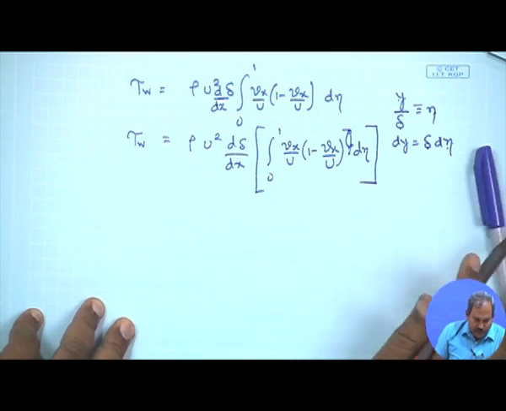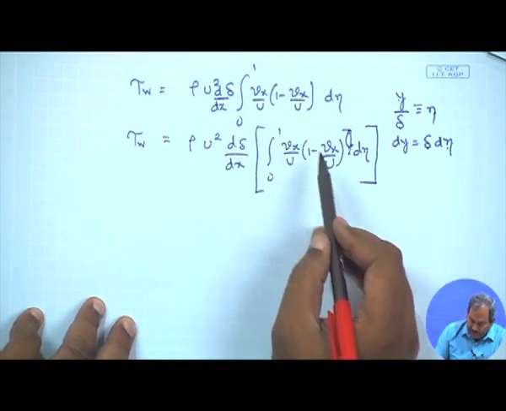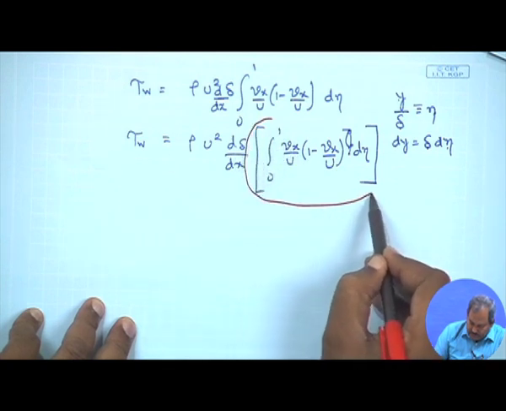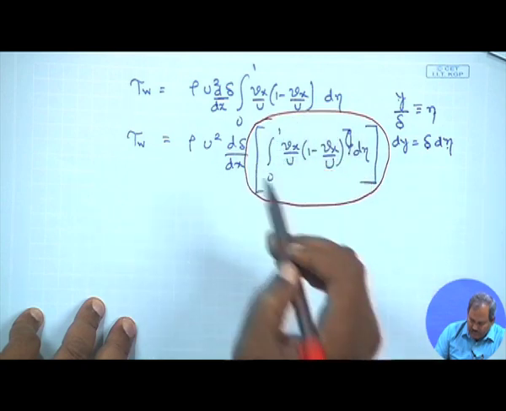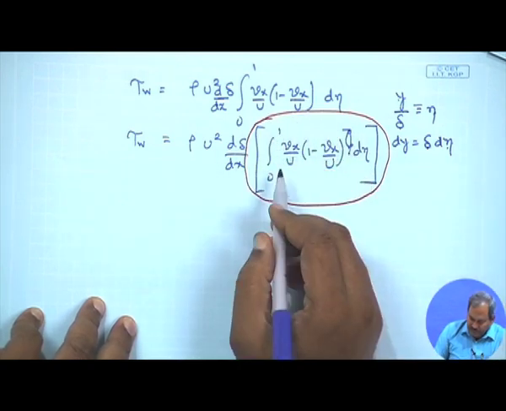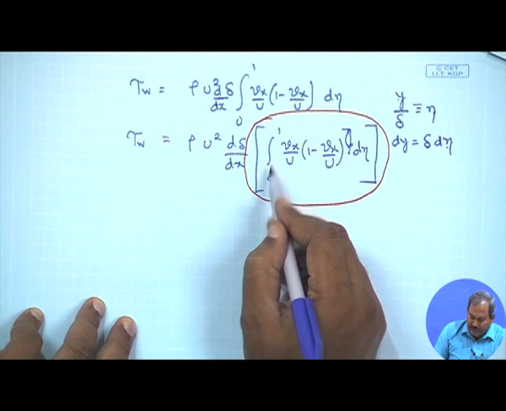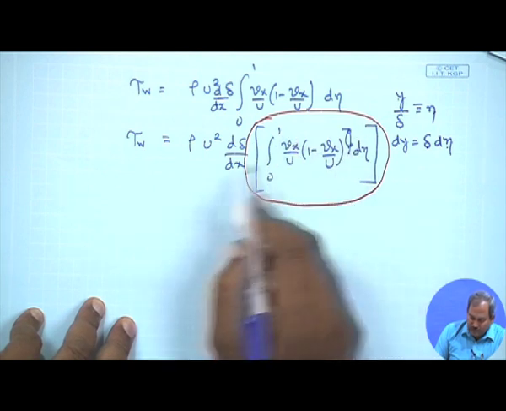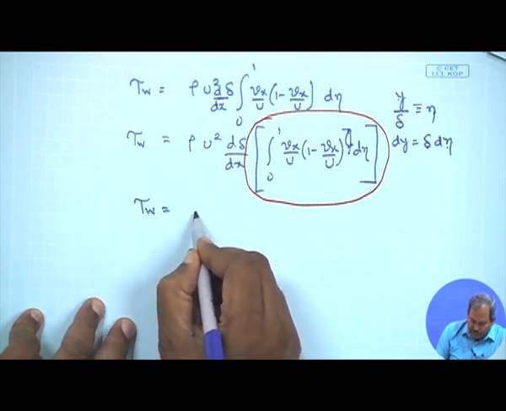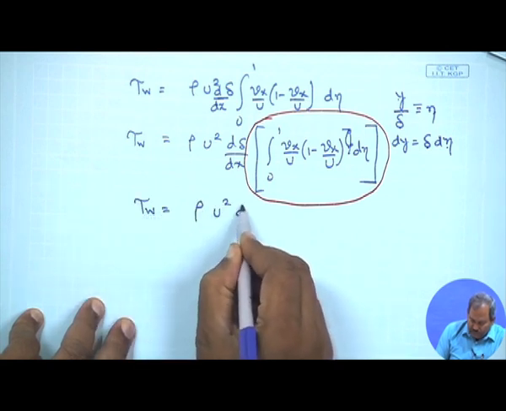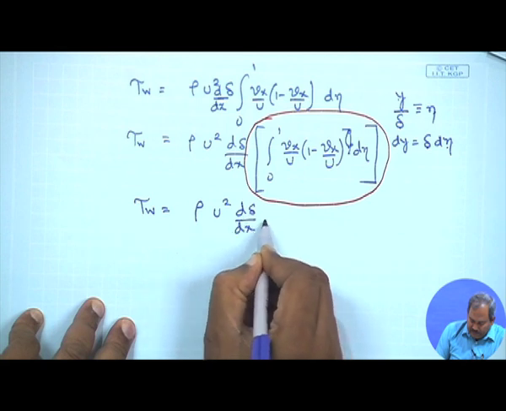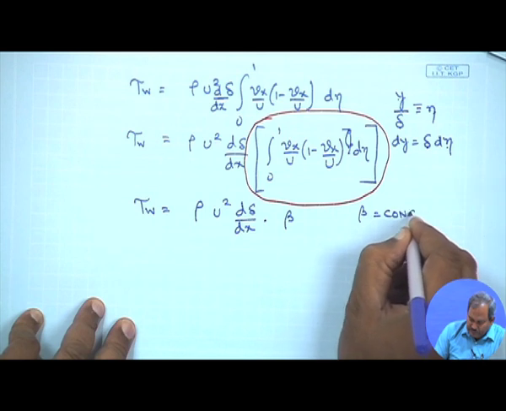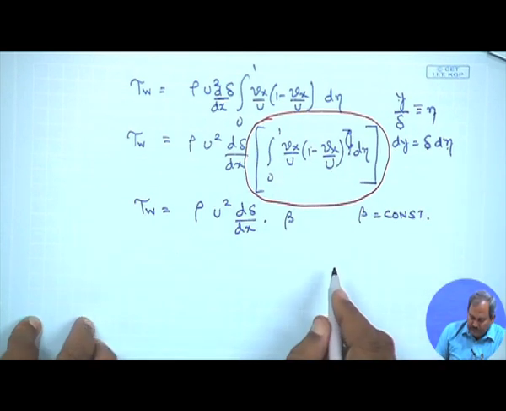Now, if you look at this last bracket, it is a definite integral. If it is a definite integral, then what you are going to get out of this is a constant. So, your tau w would simply be equal to rho u square d delta dx times beta, where beta is simply a constant. This beta is this one.